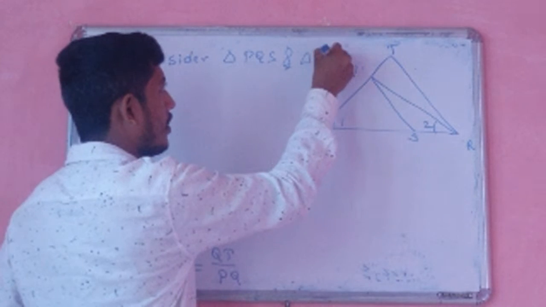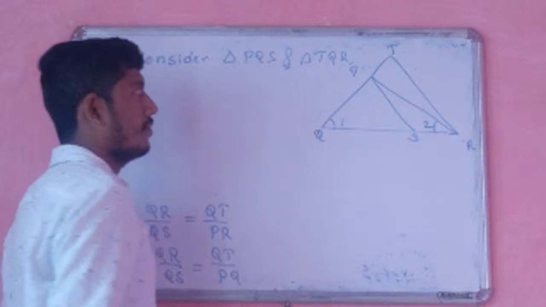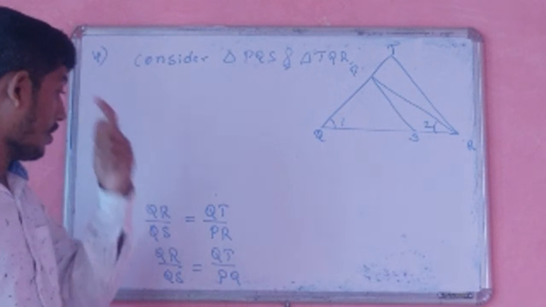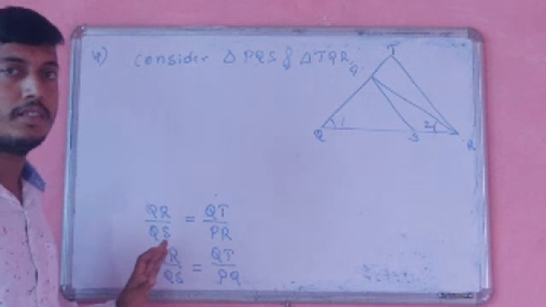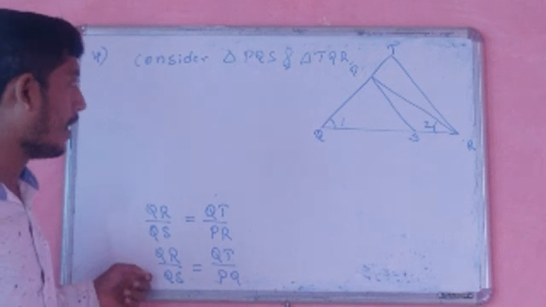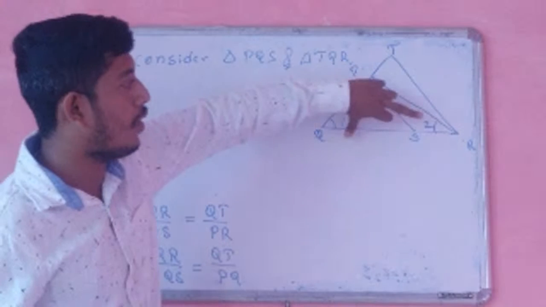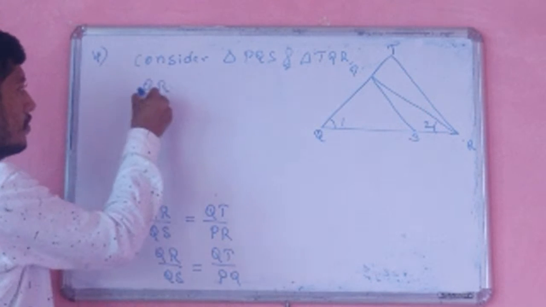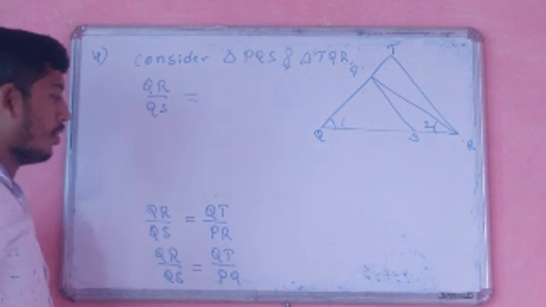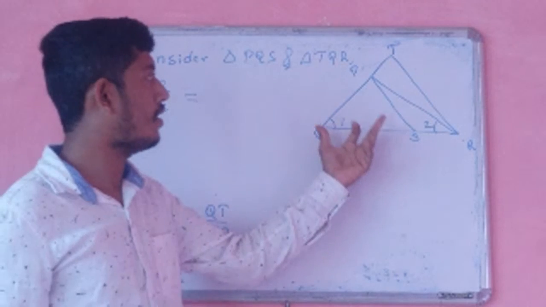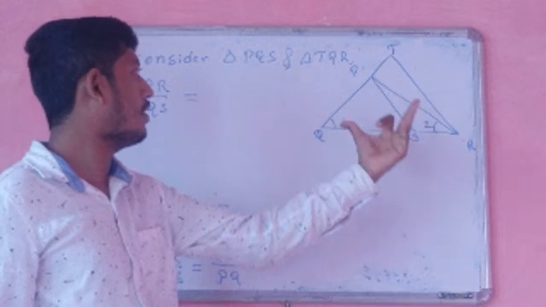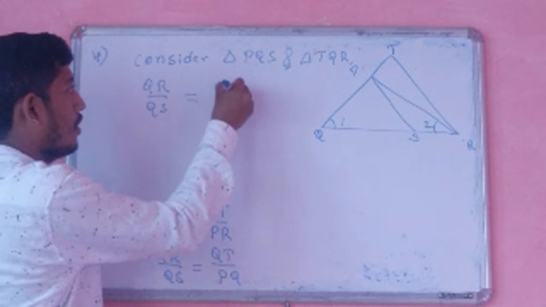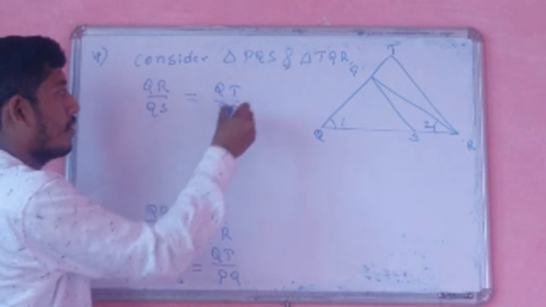Here the sides are in the same ratio: QR divided by QS is equal to QT divided by PQ.